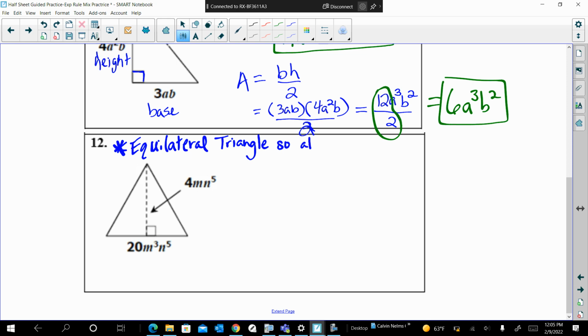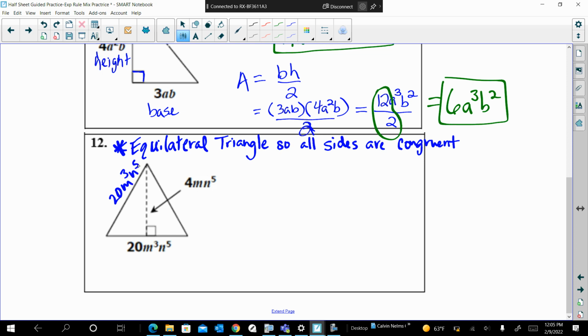So all sides are congruent, or equal. All right. So every single side here is going to be 20m cubed to the fifth.